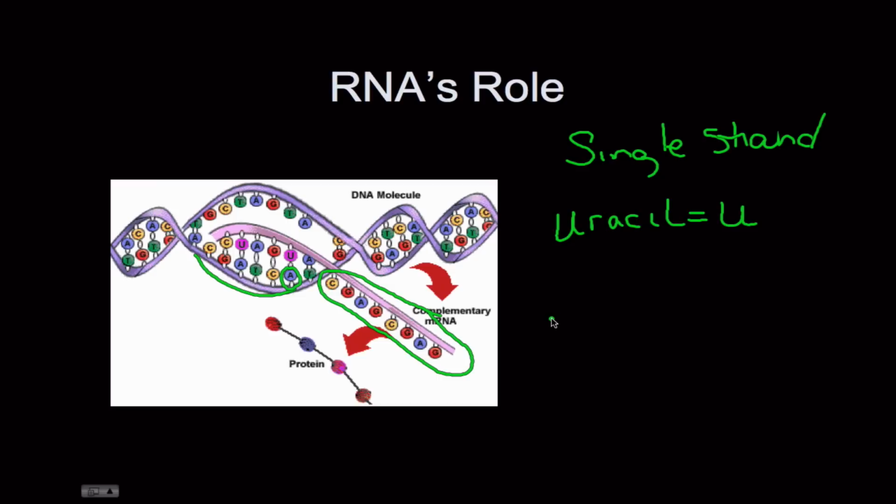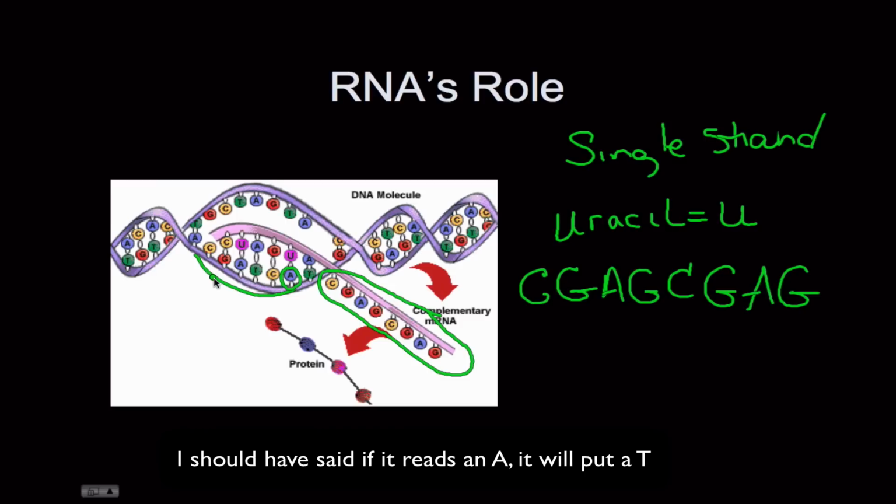So the DNA is the starting place for the instructions, but the RNA is created off of that. And so we'll get this strand, and this one is C, G, A, G, C, G, A, G. In this picture it doesn't actually show a U, but if it reads a T on the DNA strand, it's going to put a U in the RNA.